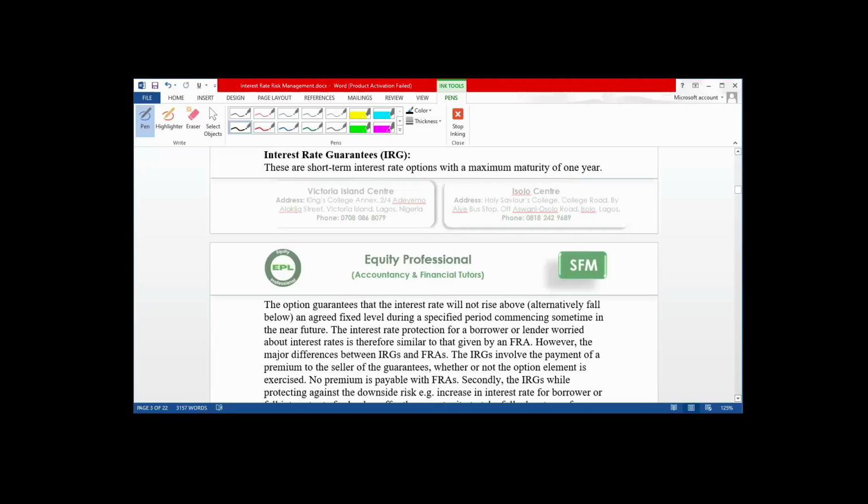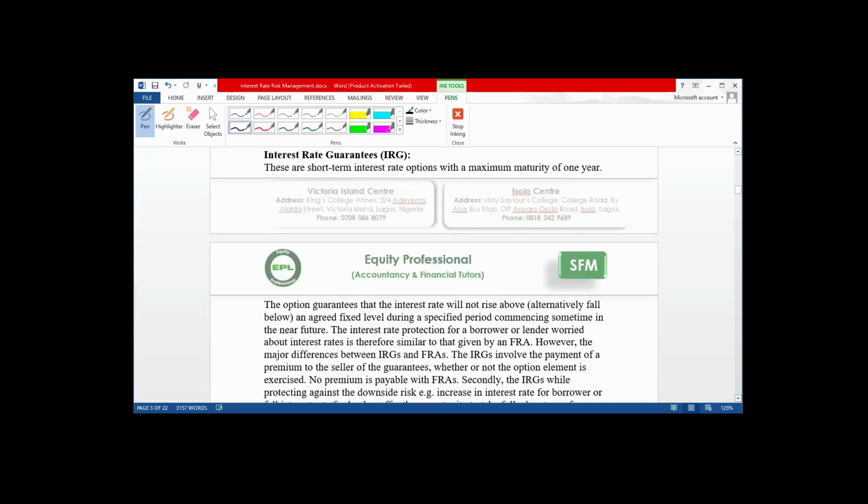But remember, it's an option. The guarantees are options, not obligations.